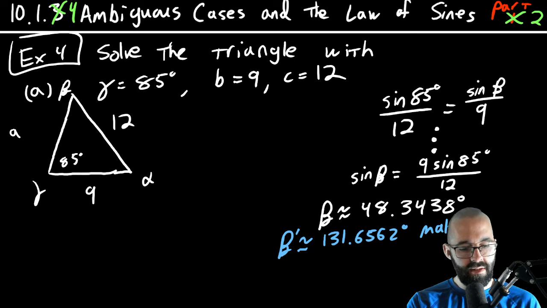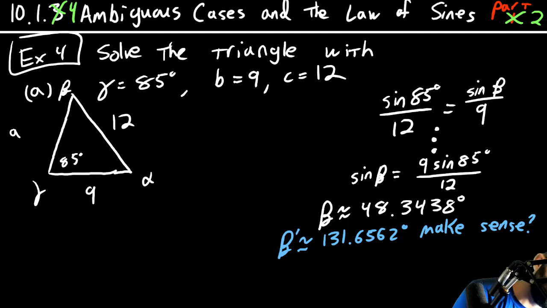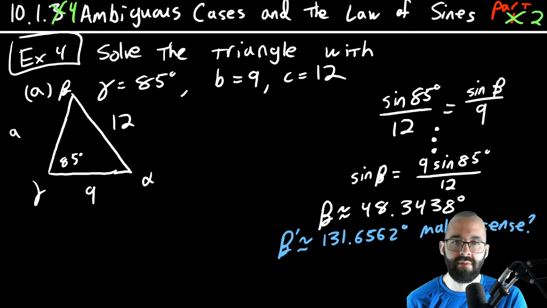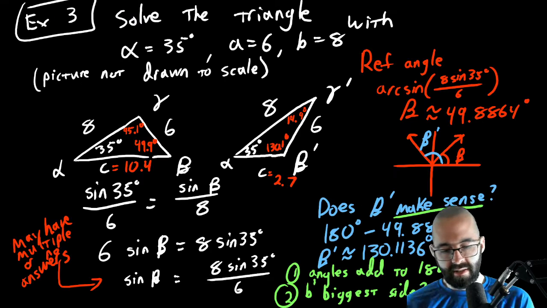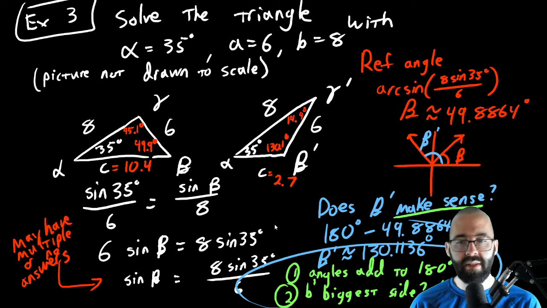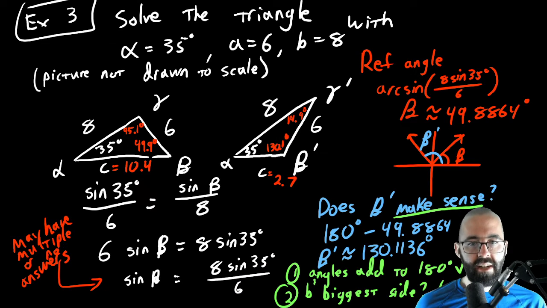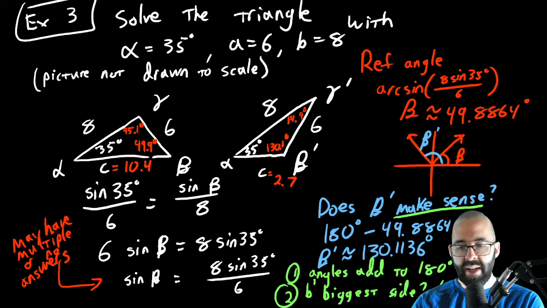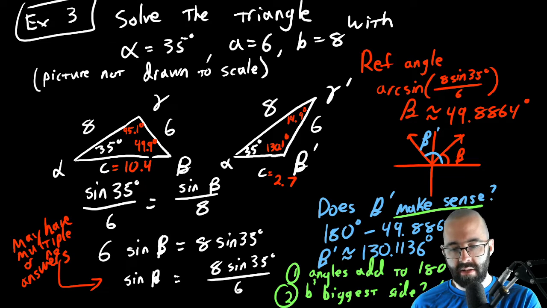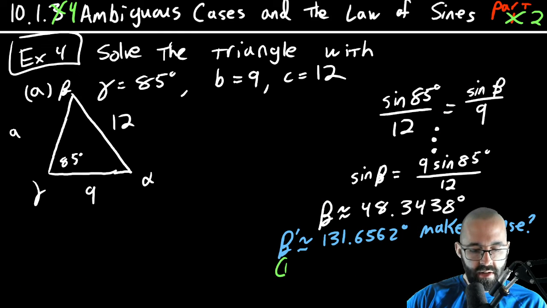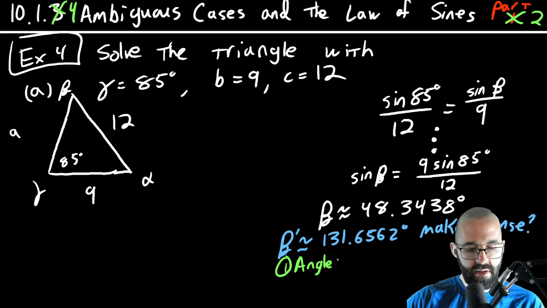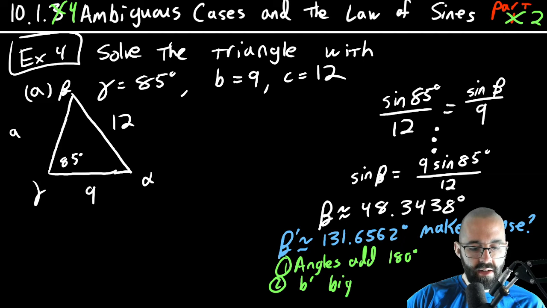Does this make sense? Well, for it to make sense, there are two things that have to happen. The angles of the triangle have to add up to 180 degrees, and is beta prime opposite the biggest side?